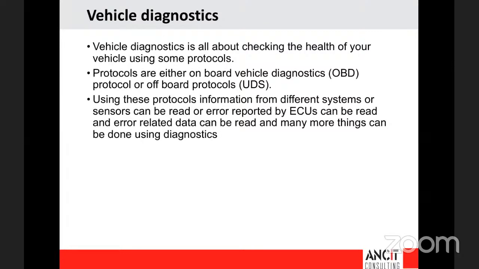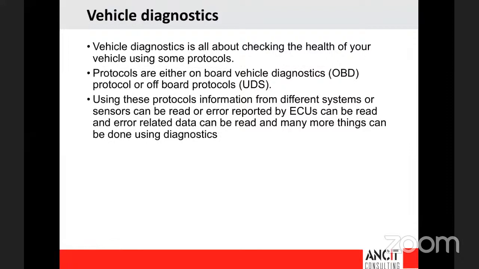So what is vehicle diagnostics? Vehicle diagnostics is all about checking the health of your vehicle using some protocols. There are different methodologies in which we do vehicle diagnostics. The first is onboard diagnostics, which is primarily focused on engine emission.